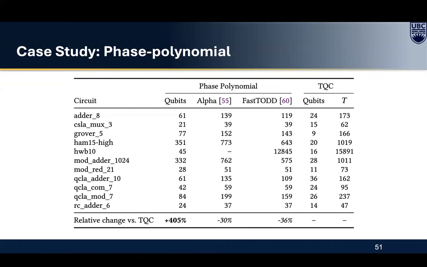But I just want to show these results so you can see that on average, for this fast phase polynomial-based method, you can further reduce the T count by 36%. And for this alpha method, you can reduce by almost 30%, but at the cost of 400% higher qubit counts.